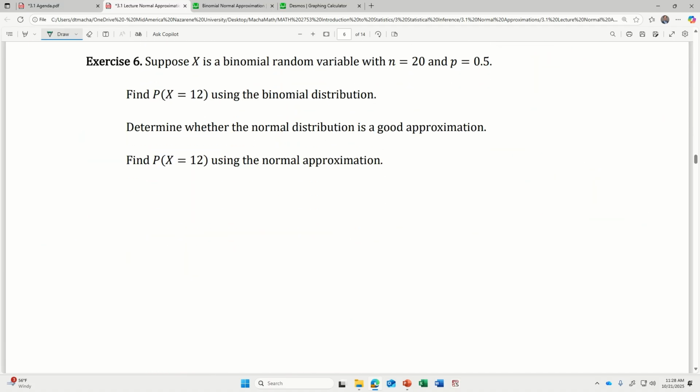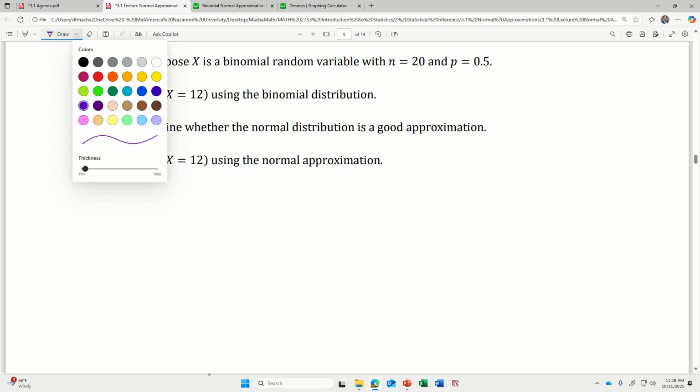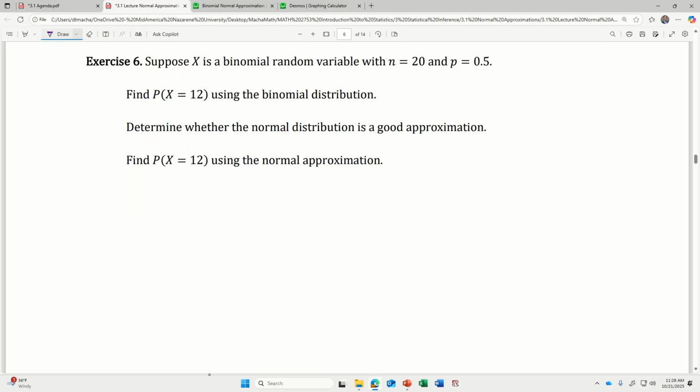Okay. Exercise 6 says, suppose x is a binomial random variable with n equal to 20 and p equal to 0.5. Find the probability that x is equal to 12 using the binomial distribution. Okay, we can do that. The probability that x is exactly equal to 12 from the binomial distribution, this is a PMF problem, a probability mass function problem.